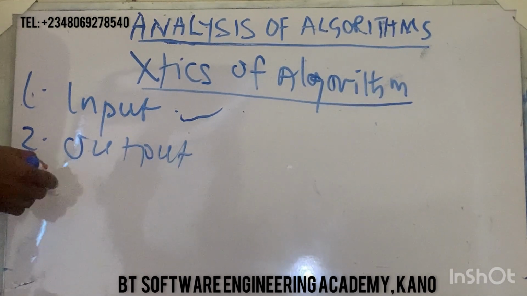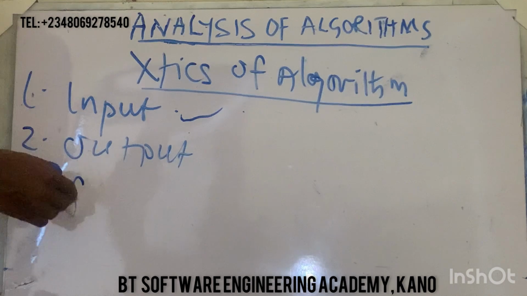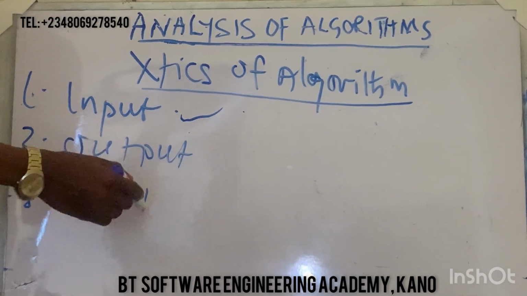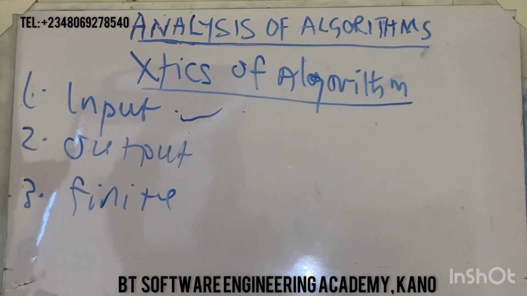Another characteristic we have is finite. An algorithm must be finite. For example, it must stop at the end when you reach where you want to go. For example, someone wants to find your house. You guide him by giving him the address: when he goes to this street, turn right, turn left.